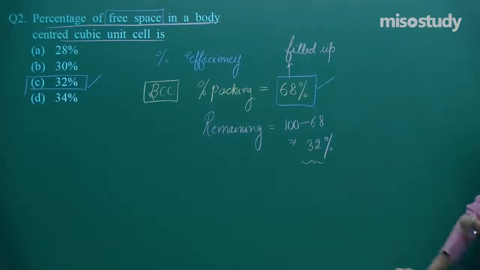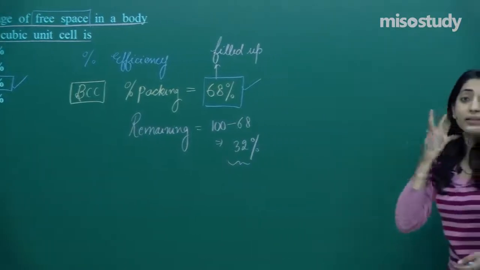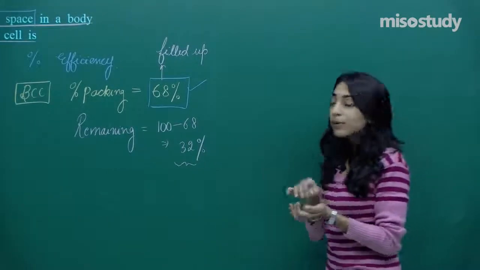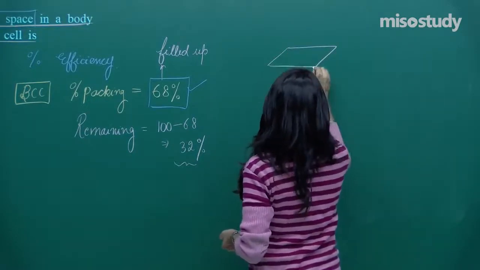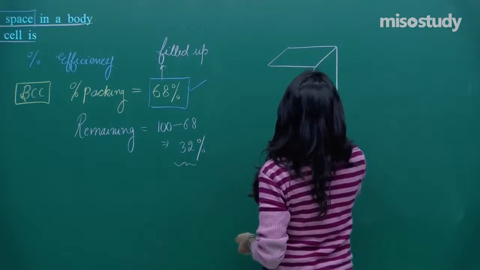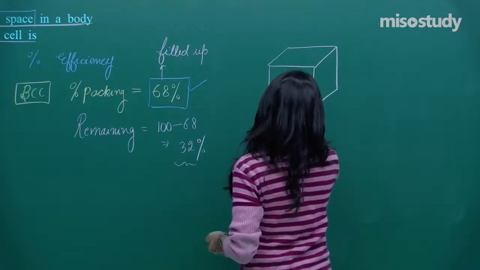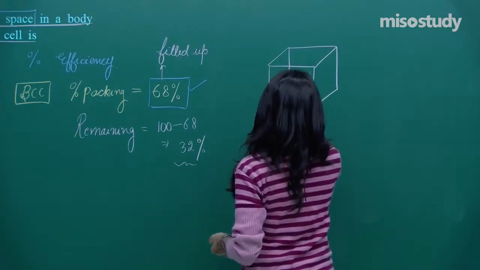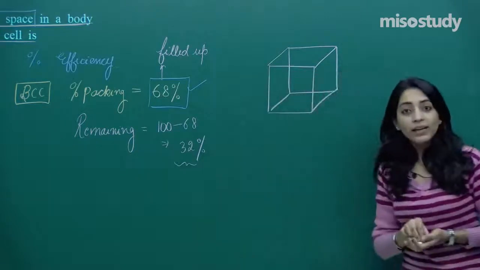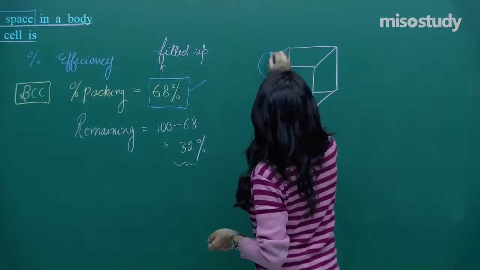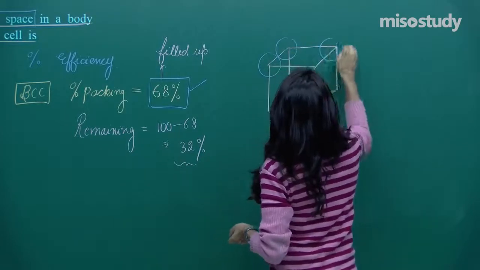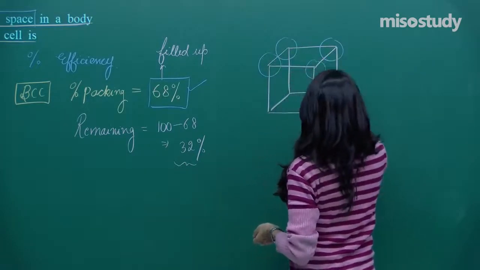For the percentage packing in the case of a body centered cubic unit cell, what I'm going to do is, you have considered a cubic crystal. Fine. When you are going to consider a cubic crystal, now I'll ask you to place the atoms at the corner.